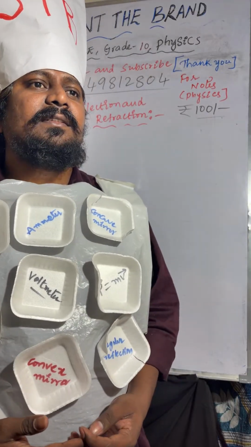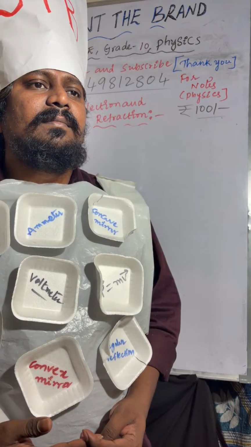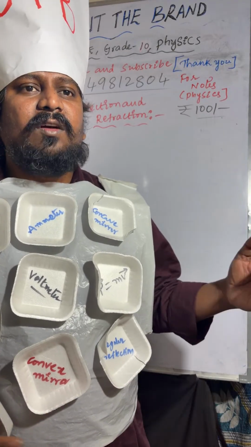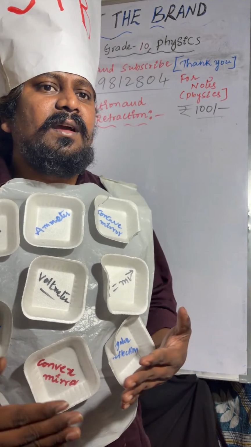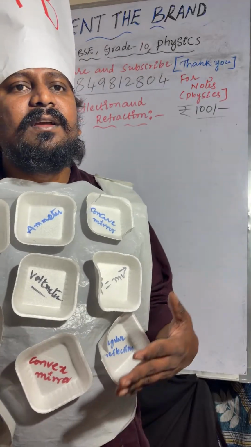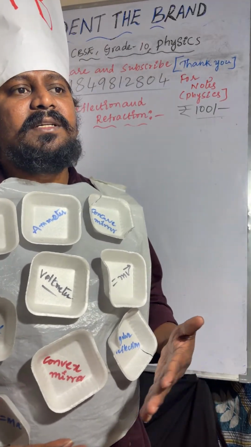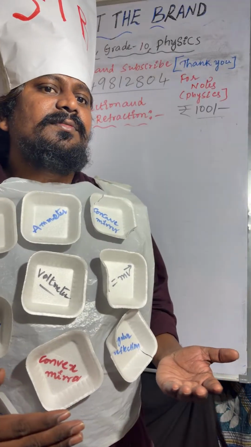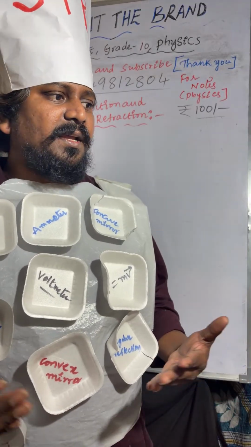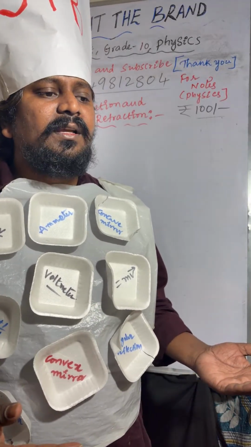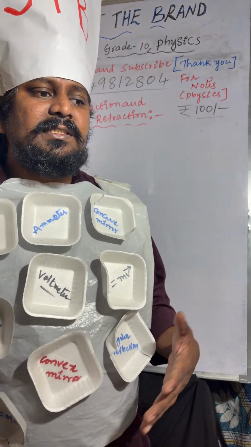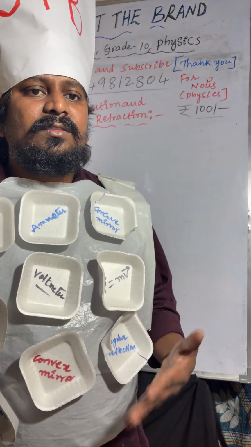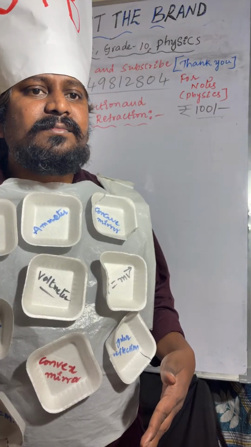Then spherical mirrors, concave mirror and convex mirror, ray rules of concave mirror and convex mirror, image formations by concave and convex mirrors, sign conventions, and the mirror formula. We will discuss everything.